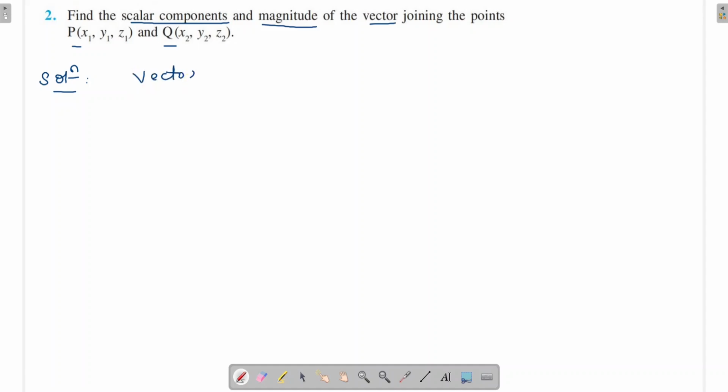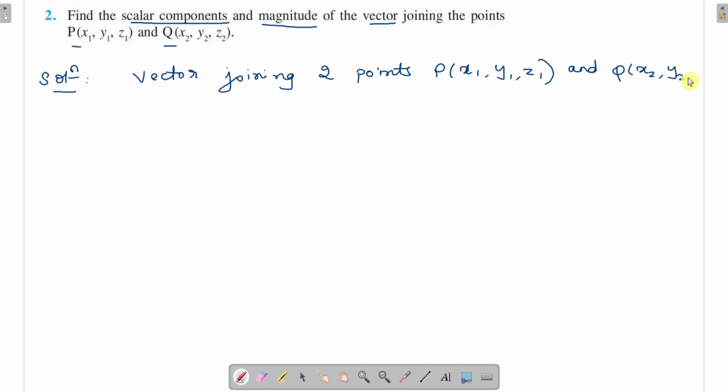So the vector joining 2 points P, that is x1 y1 z1, and Q, which is x2 y2 z2, has the notation PQ bar.